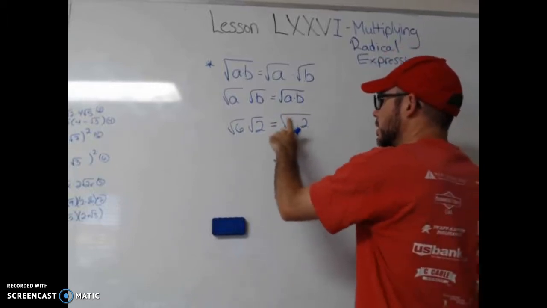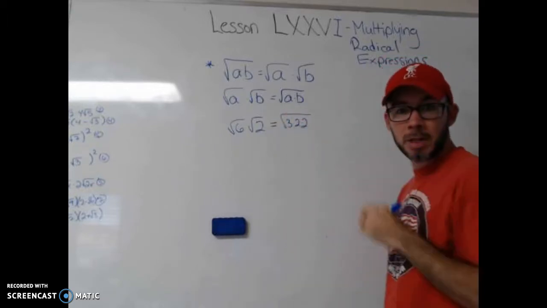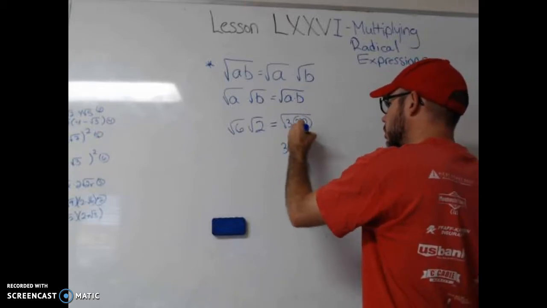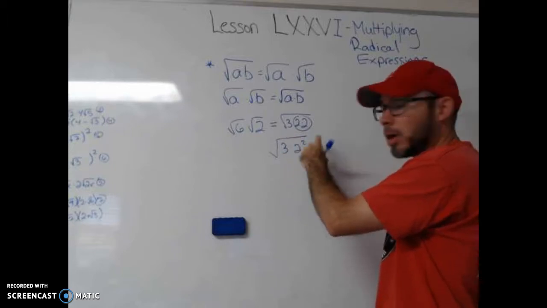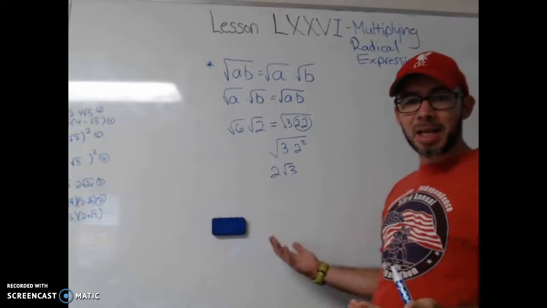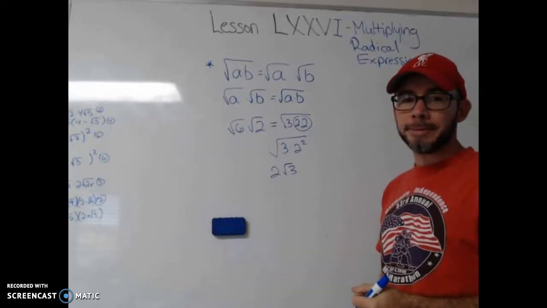In fact, I'm going to take that 6 and break it down into 3 times 2. Now you see what I'm doing? Well, that's 2 squared. And I can do something with that, because the square root of 2 squared is 2. And so I can combine them and clean them up. And I get 2 root 3, which is a much better answer.